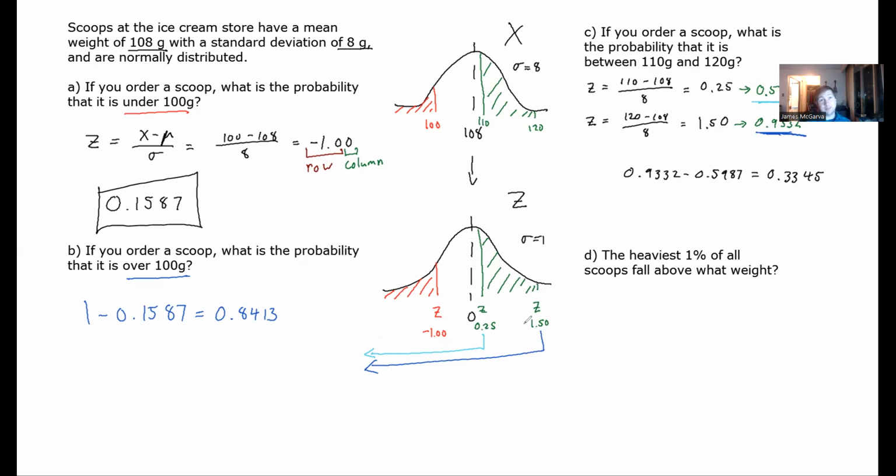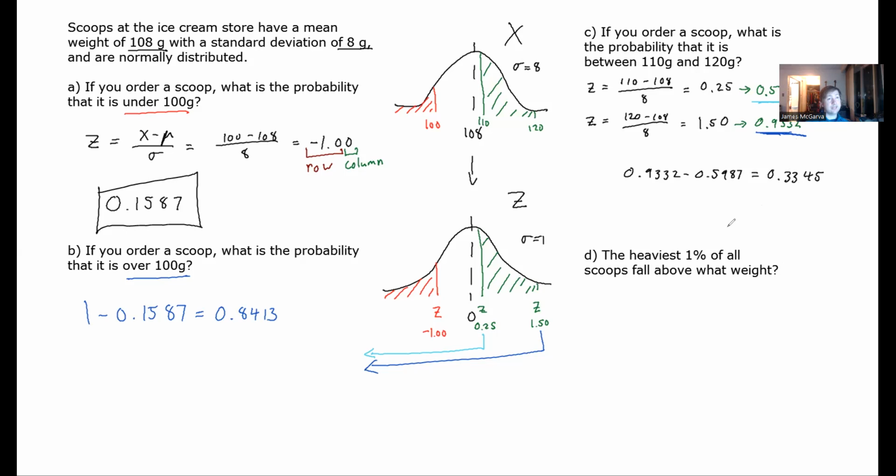That's why the picture helps a little bit, but you don't need to draw the picture. You can just remember for these between questions, you're always going to subtract. But you don't subtract until the end. Students will sometimes get this wrong by subtracting the z-scores and then looking up the answer on the table. That's going to be totally wrong. You have to find both z-scores, look them both up on the table, and then subtract those answers. That's how you get your number.